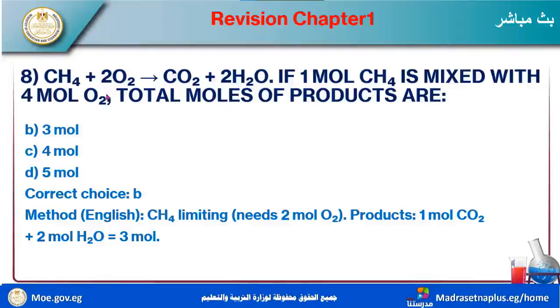If he asks for the total components of the reaction, you will add 2 moles of oxygen, so the answer would be D. But here the answer is B, because he asked for the total moles of products. Products means carbon dioxide and water vapor, not oxygen.